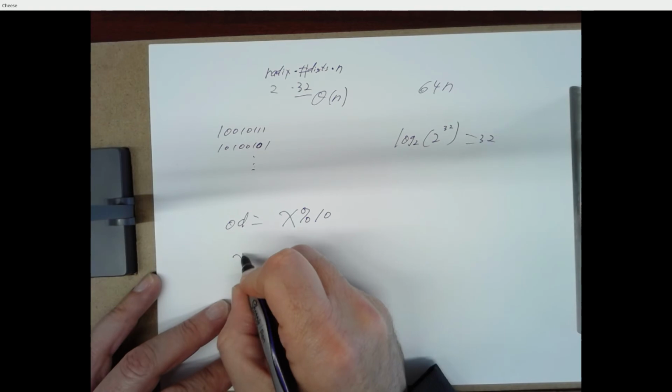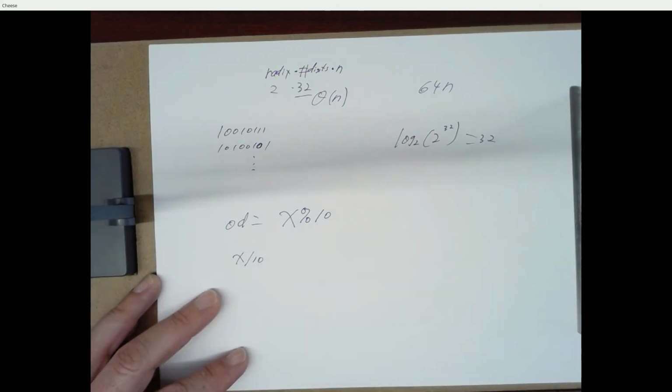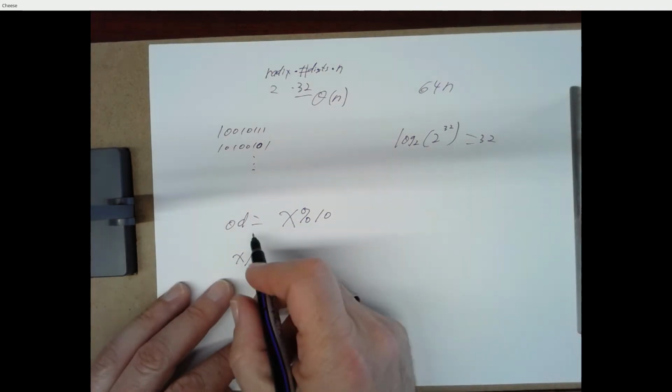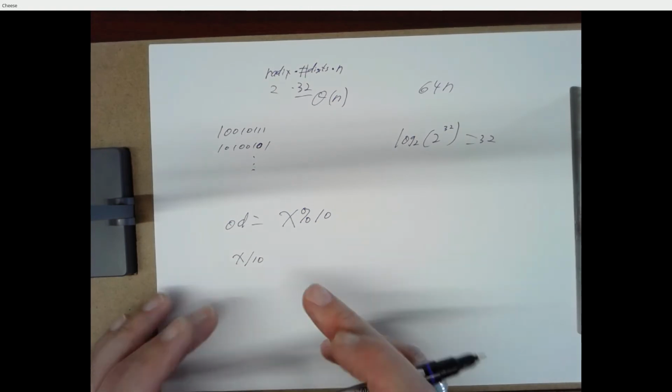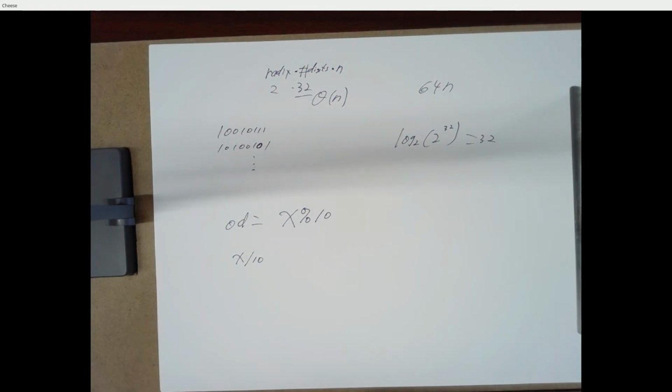And then you can do x divided by 10 as an integer. That basically shifts it over one spot. And then if you do that modulo 10, that'll give you the next digit. And then x divided by 100. If you just keep dividing by 10, it's like dividing by 100 and 1,000. But that's pretty expensive in itself, right?